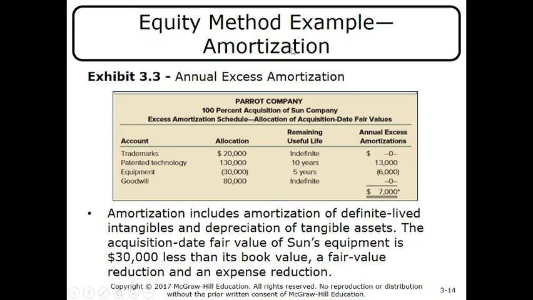Now recall in intermediate accounting, probably when you dealt with a premium on bonds payable, you had a situation where the carrying value was more than the face value, and over the remaining life of the bond, you had to actually do negative amortization to get the carrying value down to the face value of the bond.